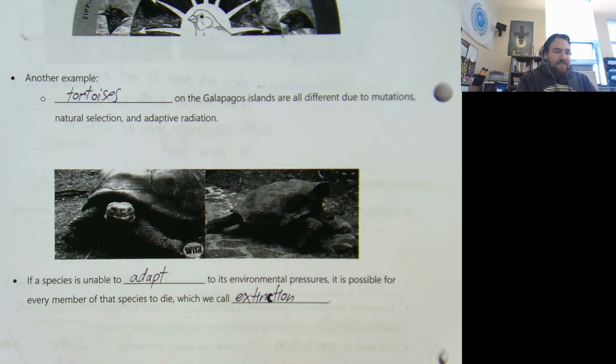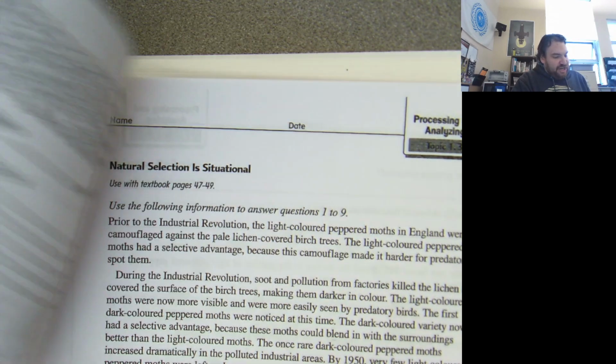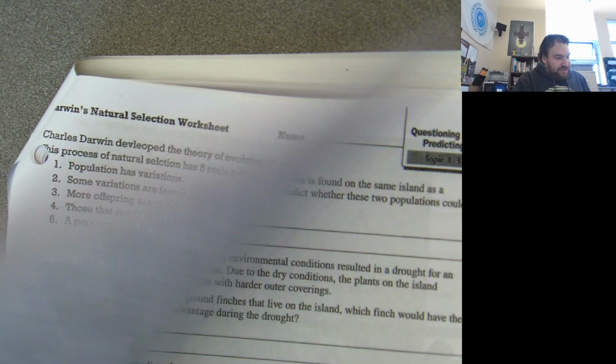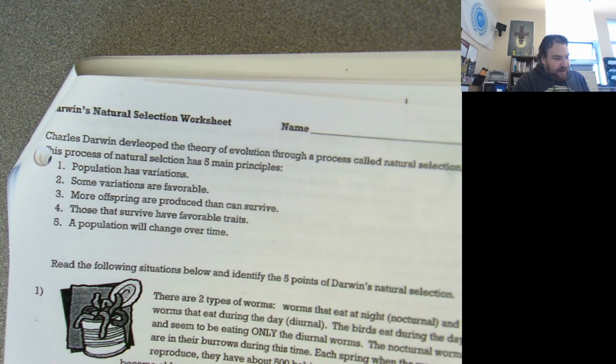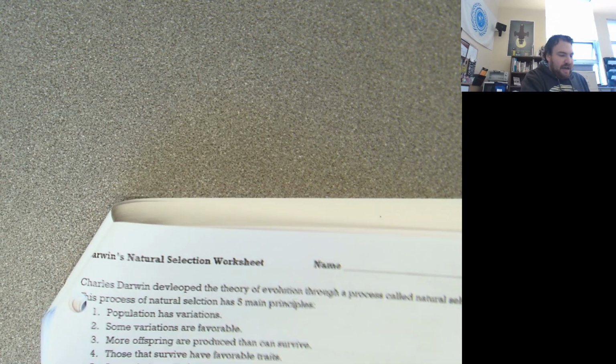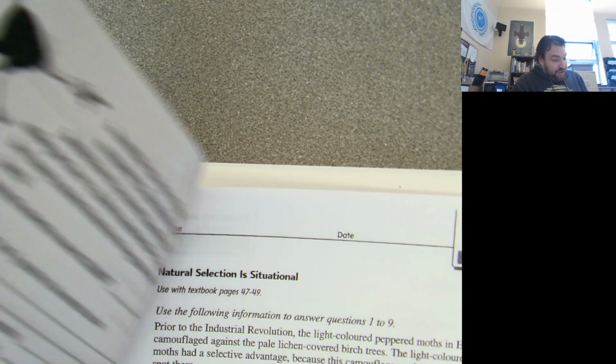Okay. That's all for me today, I think. I've got some stuff I want you to play with. You've got a natural selection worksheet and some natural selection questions that I'd like you to start taking a look at here. Everything is fair game, and you've got lots of time to do this. There's a lot of reading here.